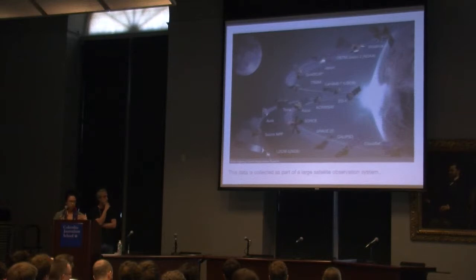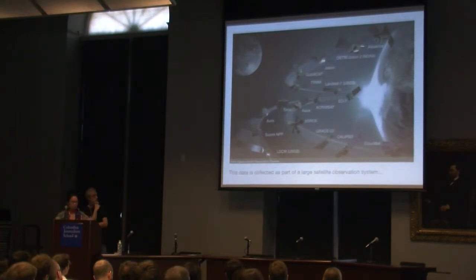All of this data is collected as part of a large interagency satellite system. This particular data is collected by the Landsat satellite, but it's part of a larger network called the Earth Observation System that's administered by agencies like NASA, the European Space Agency, and the Japanese Space Agency.